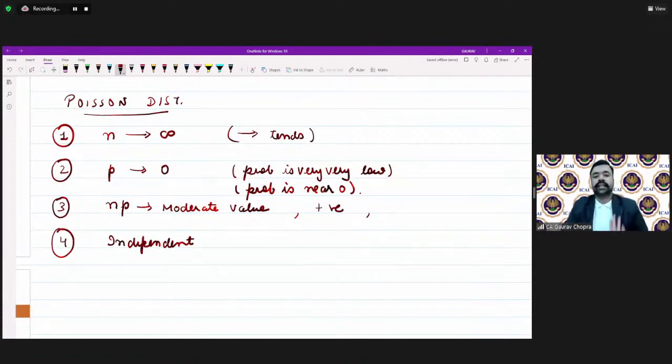That means one at a time. Either there will be success or there will be failure. Both cannot occur together, right? So other conditions are similar to binomial, but the main conditions are n tends to infinity, p tends to 0, and np is a moderate value.